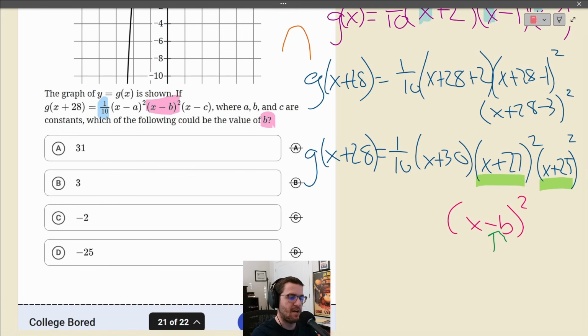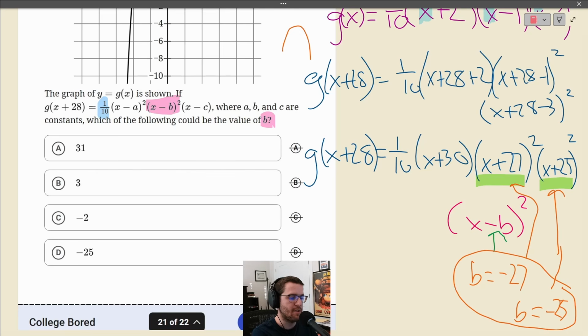So that means the sign of the constant gets changed when you put it in or pull it out. So the b's that go with each of these are really negative 27, because it's like x minus negative 27, which is x plus 27, right? And then the one that goes with that one is b equals minus 25. And we look at the choices, and negative 27 is correct, but it's not an option. So I bet it's minus 25.